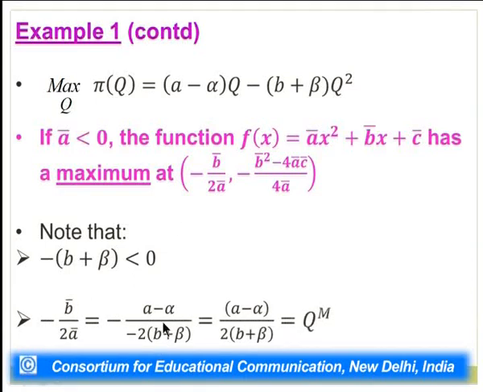So put that here for B bar, and for 2A bar I put 2 times minus of B plus beta, which then gives me A minus alpha upon 2 times B plus beta, and that is then our monopolist firm's optimal quantity, the quantity that he chooses to produce and sell at the optimum.